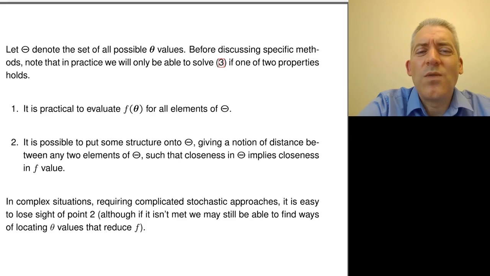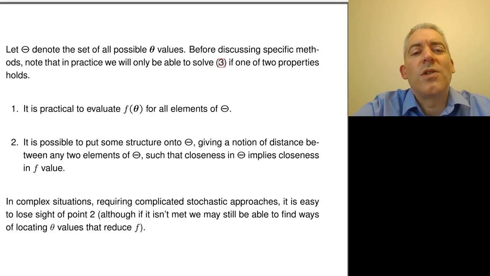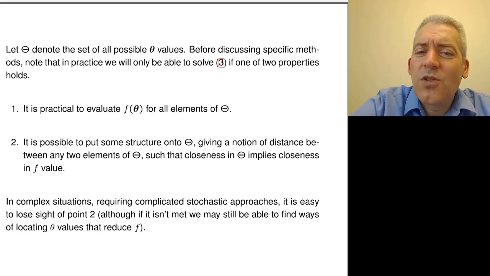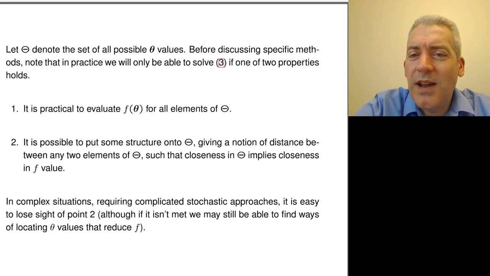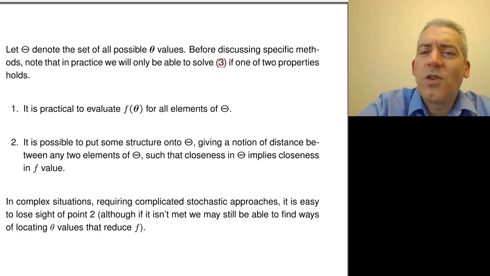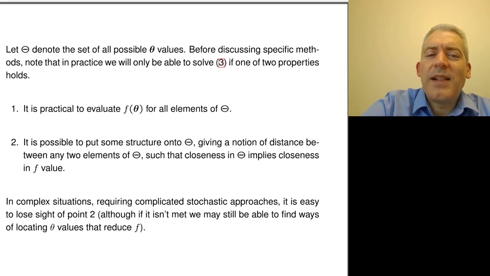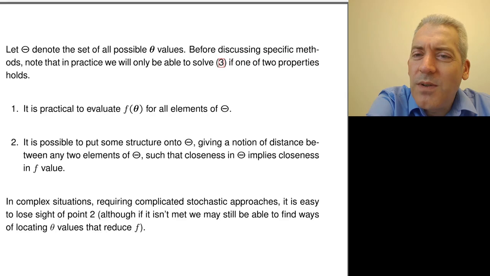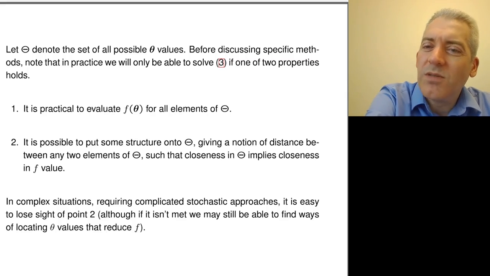And to do that, you really need some sort of notion of how close two different elements of theta are, and some sort of vague notion of continuity. I don't mean continuity in the strict mathematical sense, but I mean some sort of notion that if your values of theta are close together, then your values of f are going to be at least reasonably close together, at least on average most of the time.